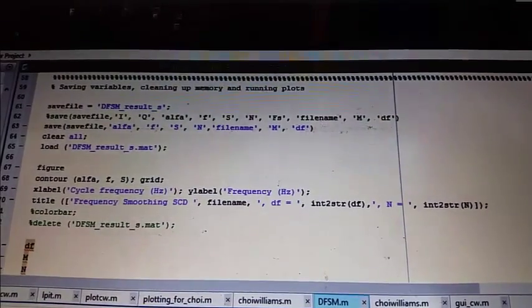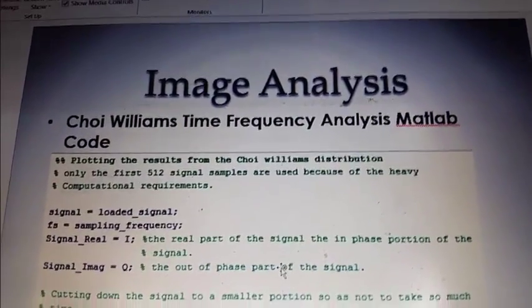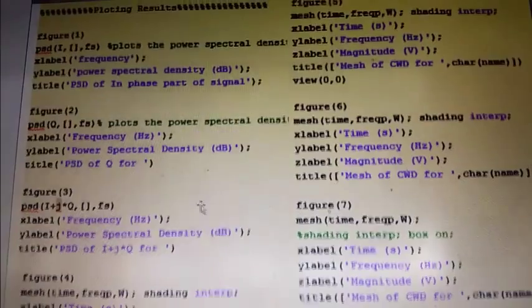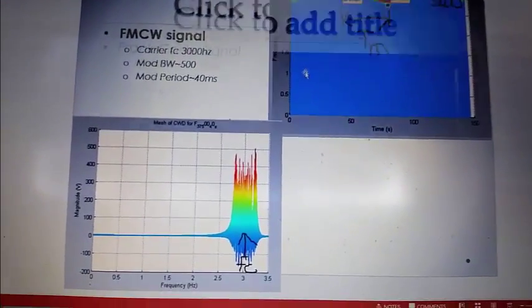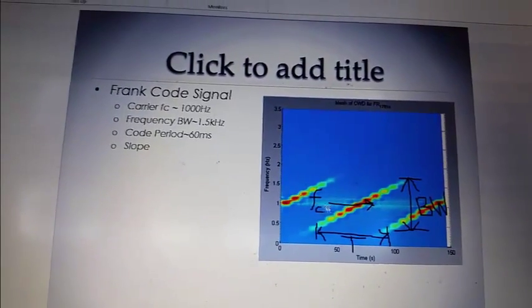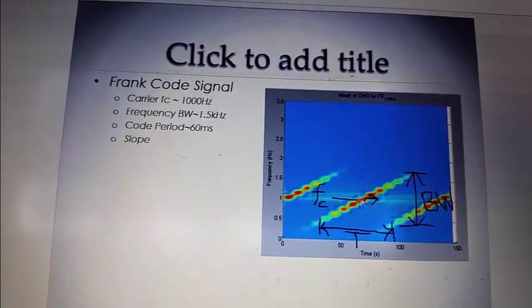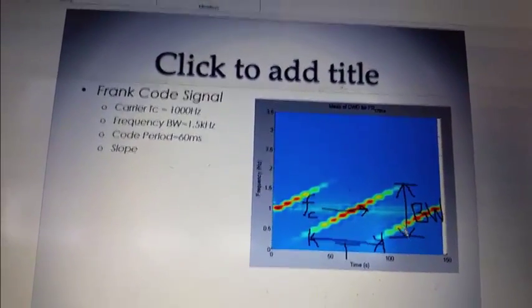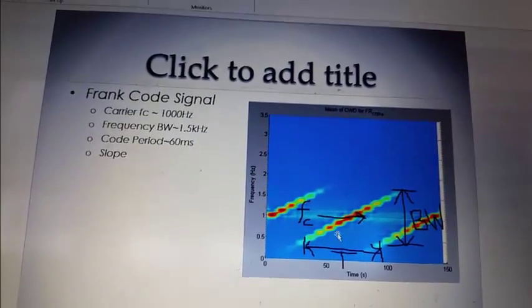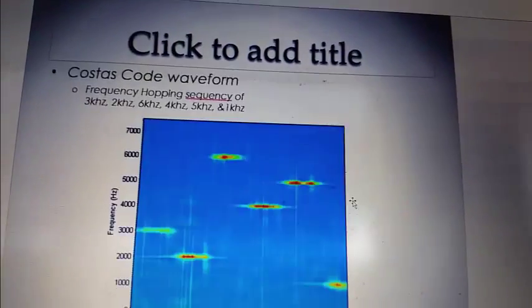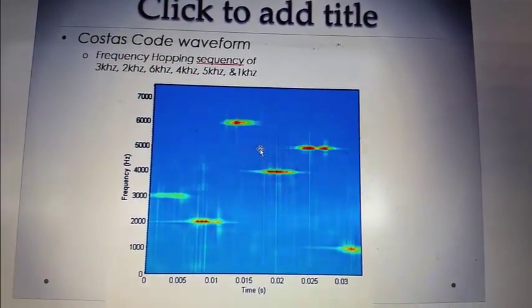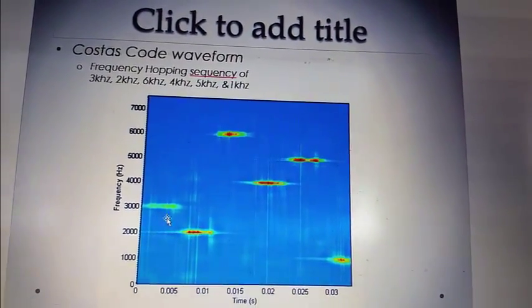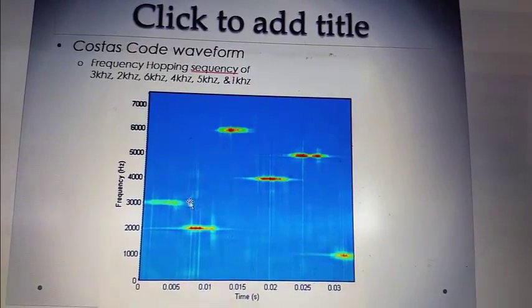Okay, going back to my slides. I showed this in class, but I'll just show it again. Here are the results from the FMCW and the Frank codes. You have the carrier frequency, the bandwidth, and the modulation period, and you can see the slope as well. Okay, for the Costas codes waveform, with the Choi-Williams distribution we're able to see which frequency hopping sequence is being used.